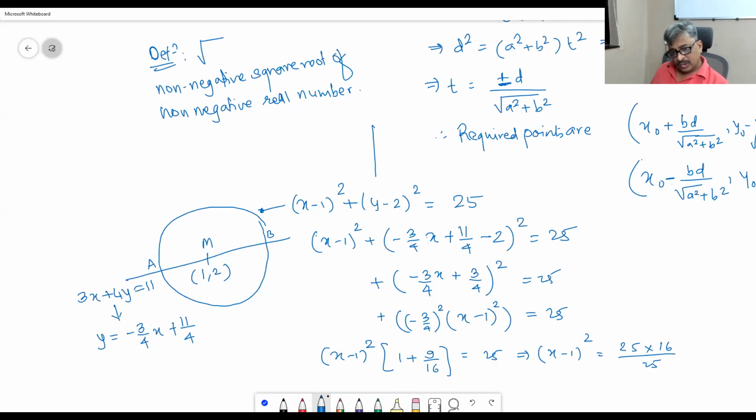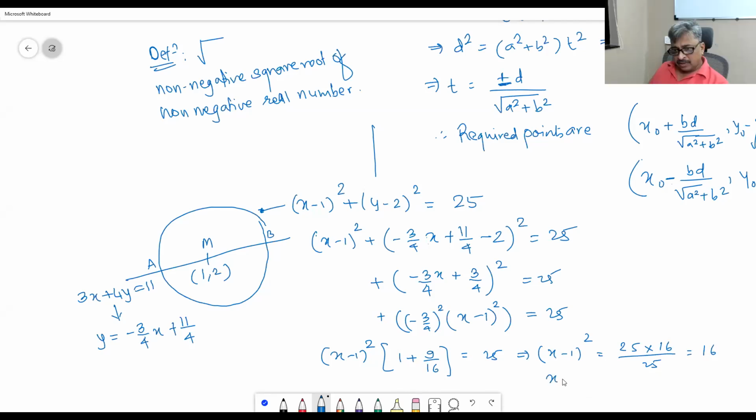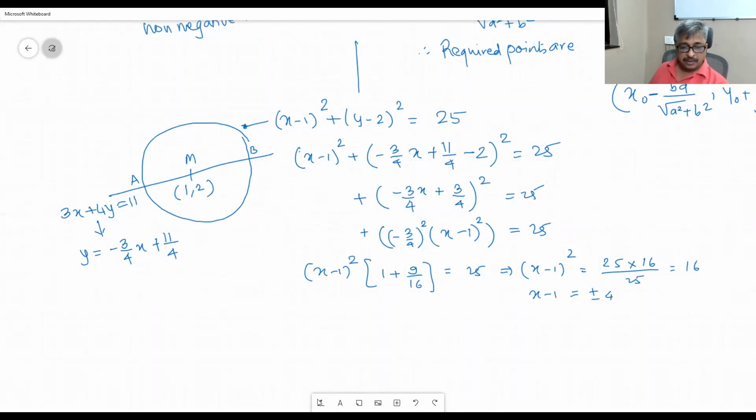Is it right? Yes, sir. 16, and therefore x minus 1 is equal to plus or minus 4. Therefore, x is equal to, when it is plus 4, plus 1 is equal to 5, or x is equal to minus 4 plus 1 is equal to minus 3.